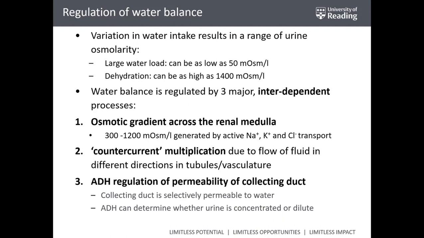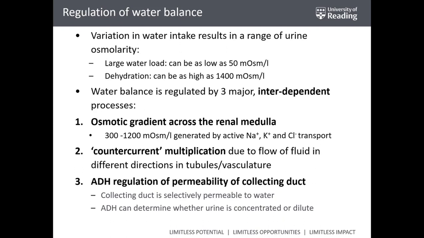So water balance is regulated by three major interdependent processes. One is the osmotic gradient across the renal medulla, which can vary between 300 and 1200 milliosmol per liter. And it increases as we move towards the hilus of the kidney.